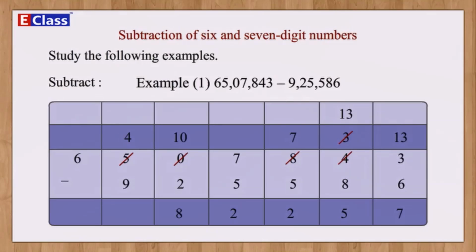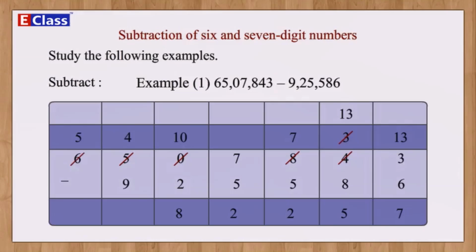Now we subtract the lakhs place. We had borrowed 1 lakh from the lakhs place for the 10,000s place. Therefore, 4 lakh has remained at the lakhs place. We cannot subtract 9 from 4. Therefore, we shall borrow 1 10 lakh from 6 10 lakh of the 10 lakhs place for the lakhs place.